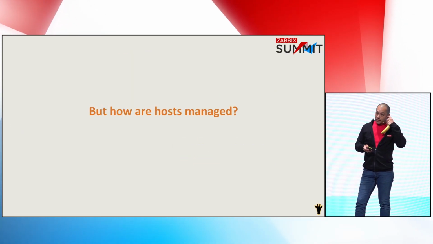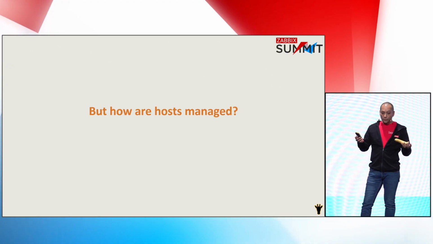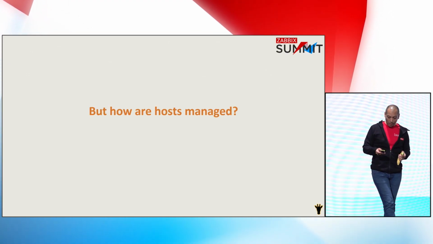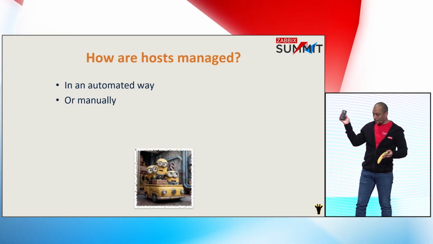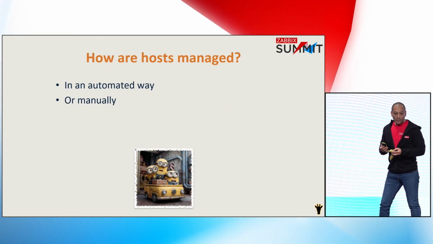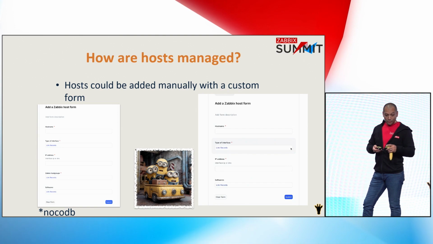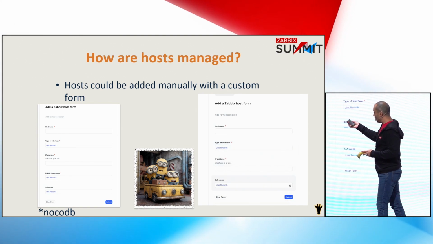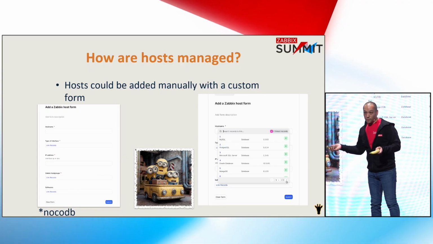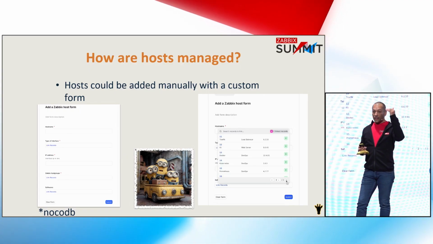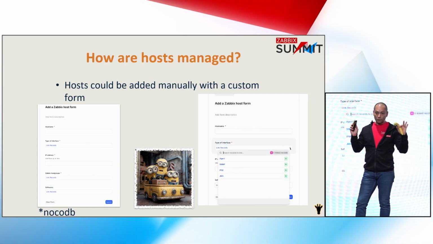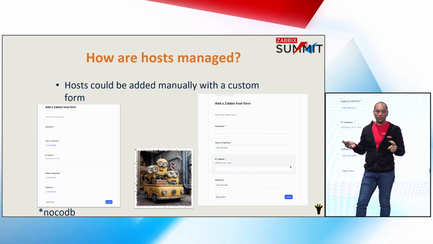But you could say, OK, things are generated and managed with the metadata, but how are hosts currently managed? In an automated way or manually. For example, manually, we could use a specific form from NocoDB, and we specify the host name and IP address, because we are talking about just the Zabbix agent at this moment.